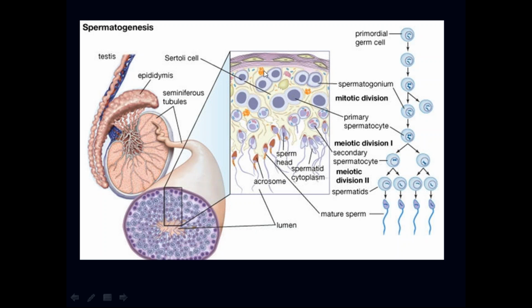If you see here, the first line, that is the spermatogonium, is going to have what we call primary spermatocyte, secondary spermatocyte through mitosis and meiosis. And what is important for this lecture is just to remember that from the inner portion, they are going to come towards the lumen, and they are going to get mature, the sperm.